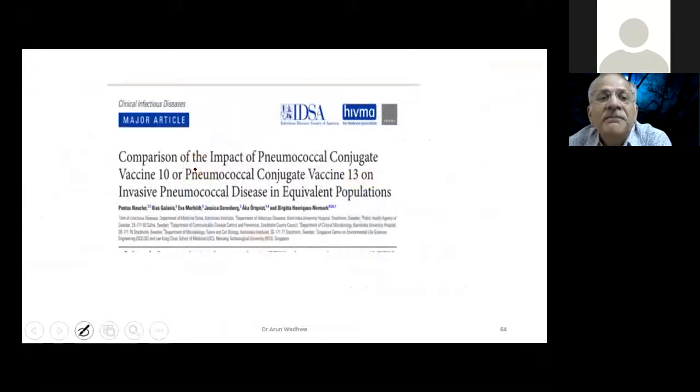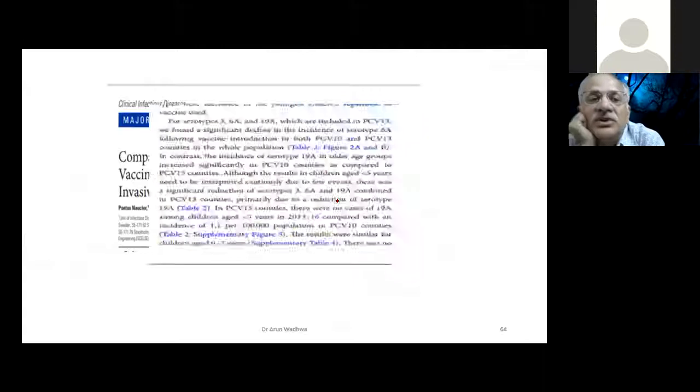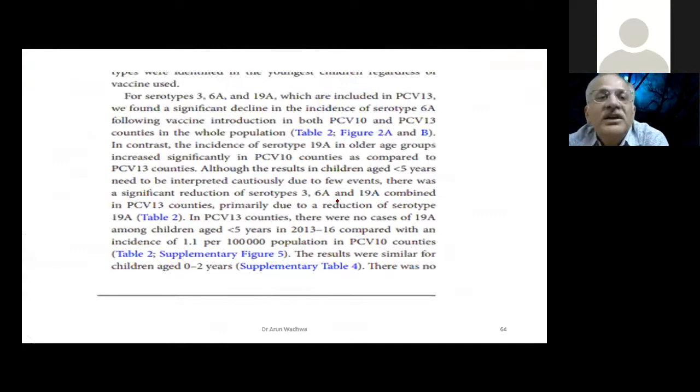This is a study comparing the impact on invasive pneumococcal disease in equivalent populations. That means half of them, the population strata, is the same. The counties are very similar. So how did they do this study? When you read the details, it says that for serotypes 3, 6 and 19A, which were included in PCV13, they found a significant decline in the incidence of serotype 6A following vaccination in both PCV10 and 13 countries.